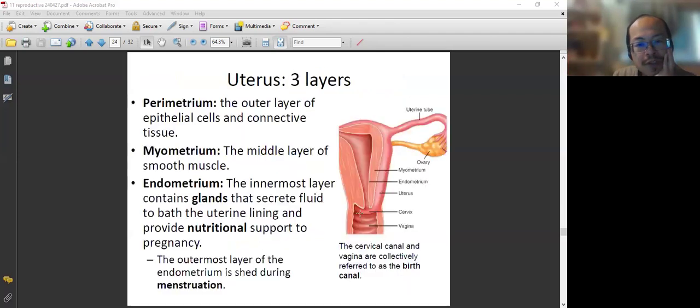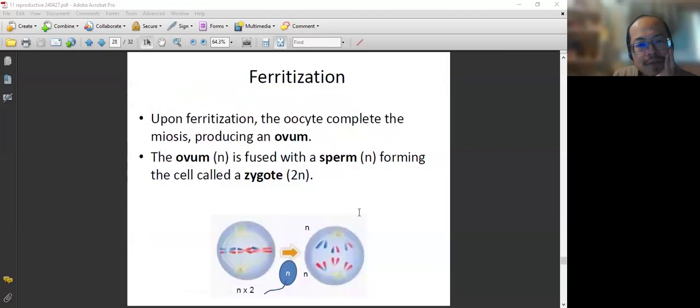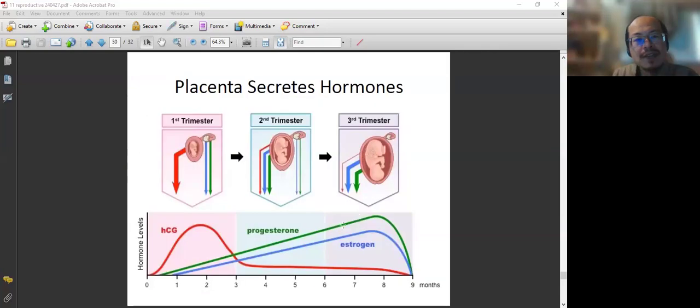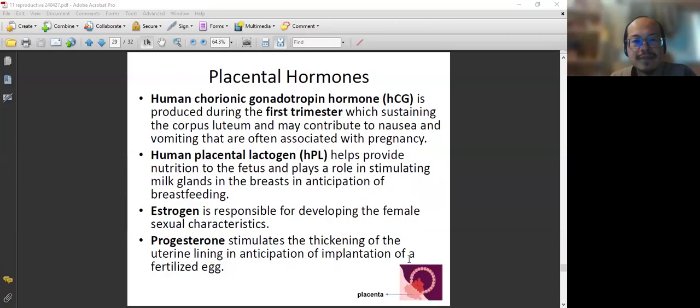Let me show you another picture. This is for pregnancy. Once pregnant, your progesterone and estrogen will keep being produced until the baby is delivered.